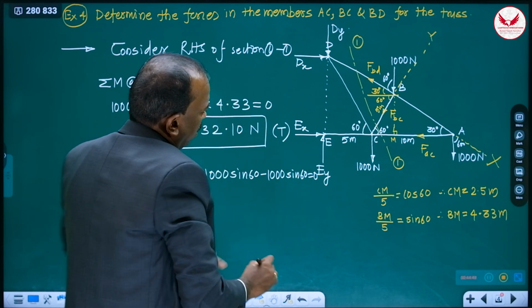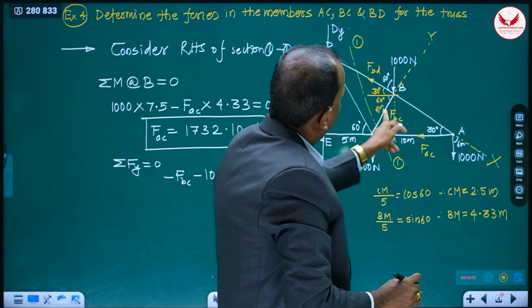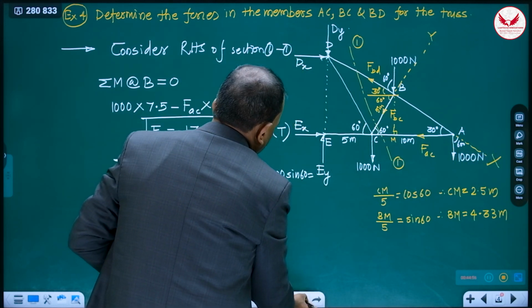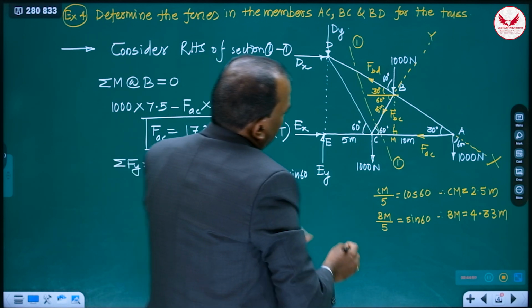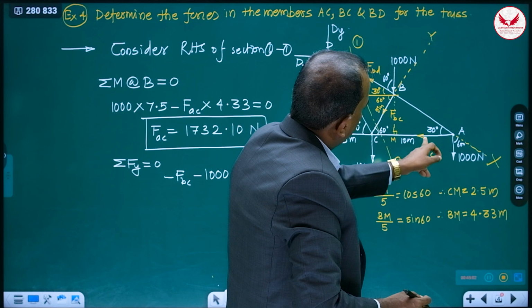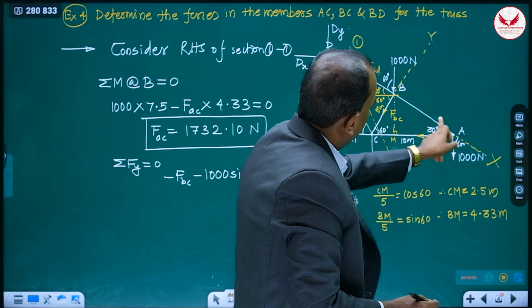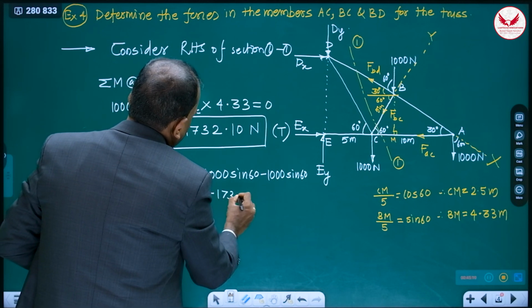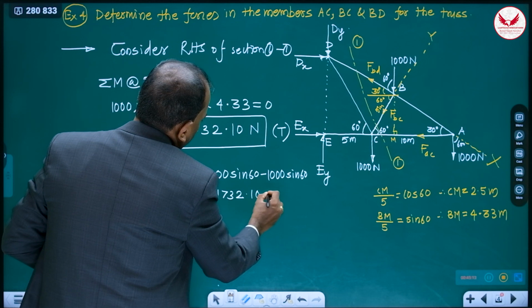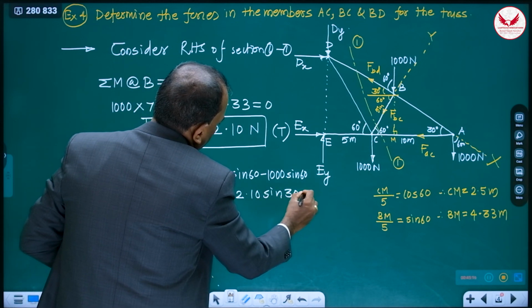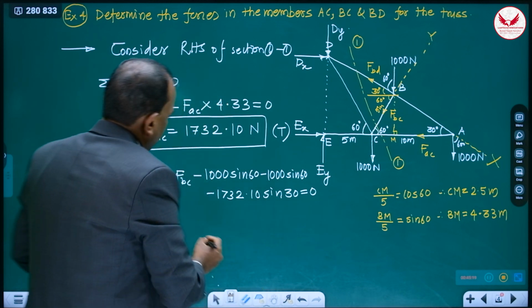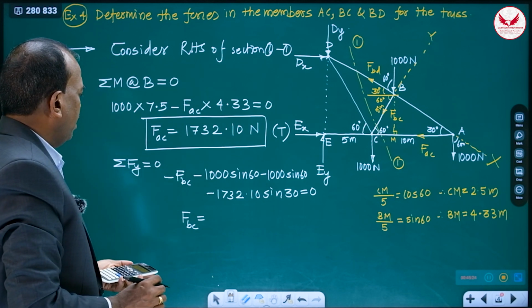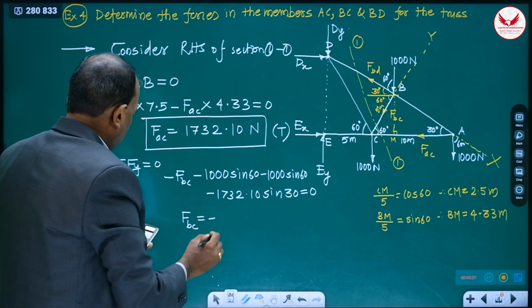It is equal to 0. Only this member is along the x-axis. So this AC we have calculated. Its sign is also negative, minus 1732.10 sin 30. It is equal to 0. Means this FBC is going to be negative.